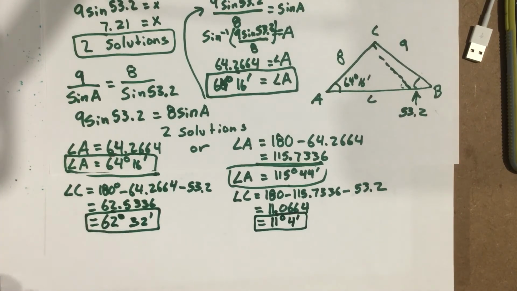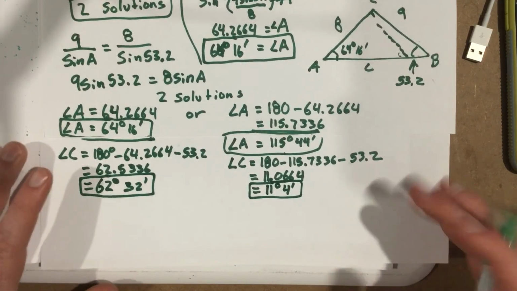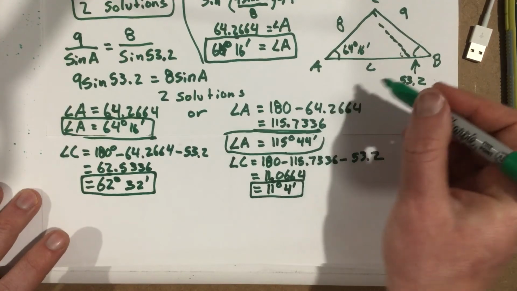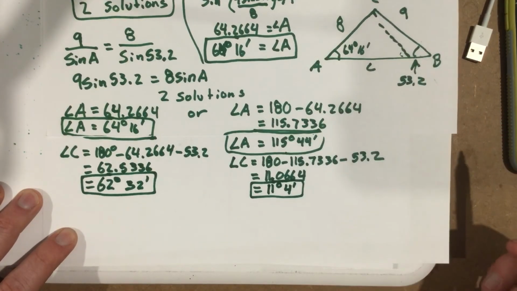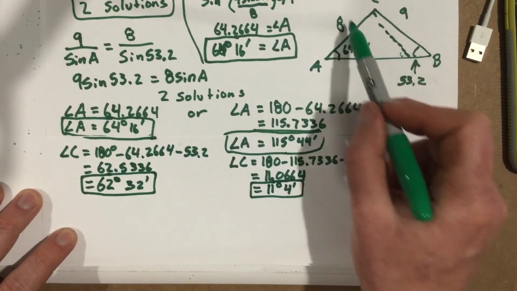Okay, all we have to do now is figure out the side length C. So let's find the side length C using the angles we just got, along with our original numbers that they give us, which were the 53.2 degrees and the other side.